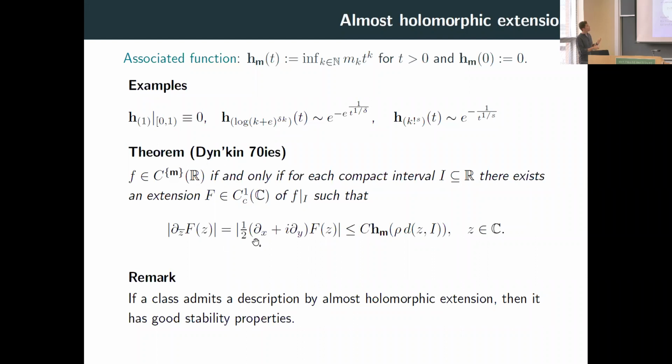In this case, you would here need that this d bar derivative of the extension goes to 0 faster than any power of the distance to the interval. Okay, but this was used in the proof of the Malgrange preparation theorem by Nirenberg, for instance.